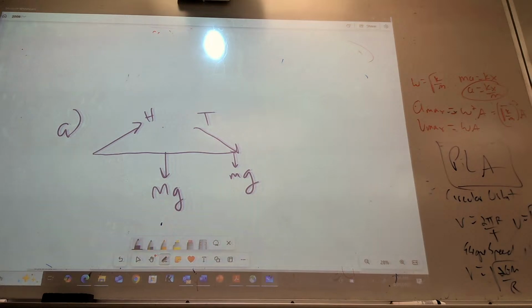It's almost identical to the one I have in your pack. Isolate your T and then plug in and solve.